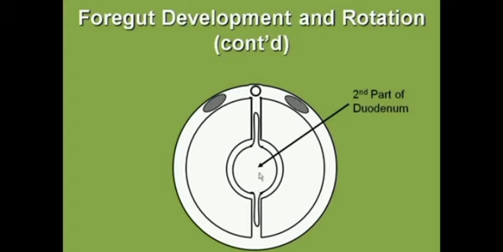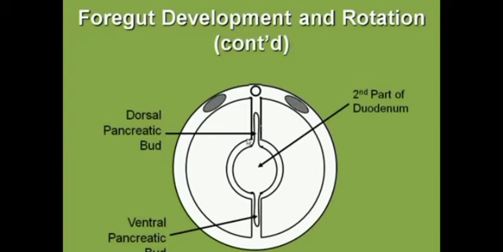We have a ventral evagination and a dorsal evagination from the ventral midline and the dorsal midline. The ventral one evaginates into the ventral mesentery, the dorsal one evaginates into the dorsal mesentery. Those evaginations are called the pancreatic buds. So this would be the ventral pancreatic bud or ventral pancreatic diverticulum, and the other is the dorsal pancreatic bud or dorsal pancreatic diverticulum.